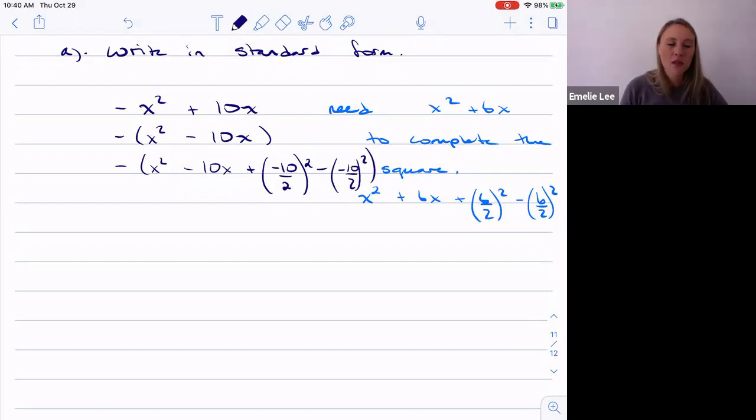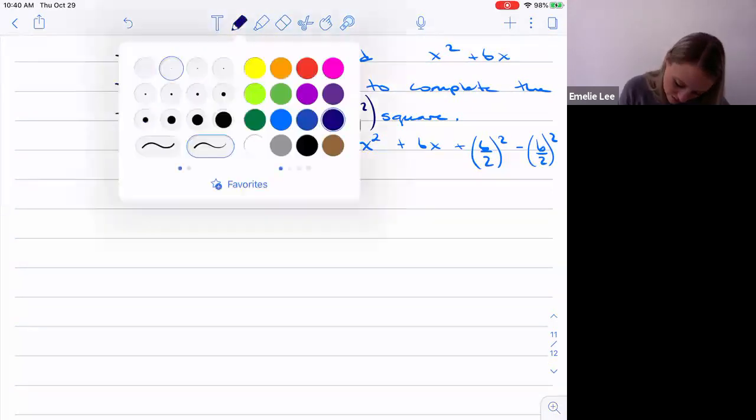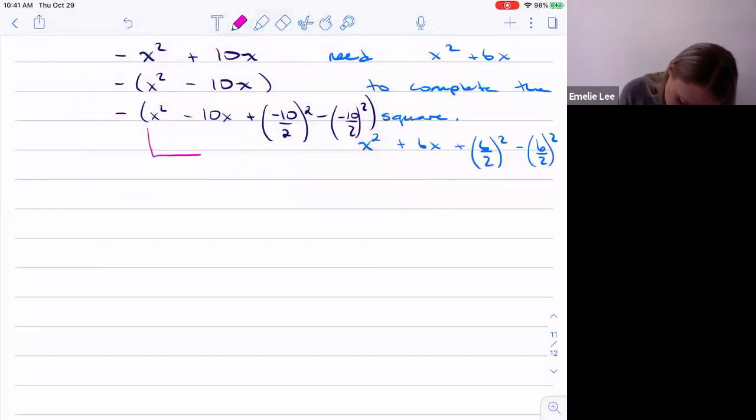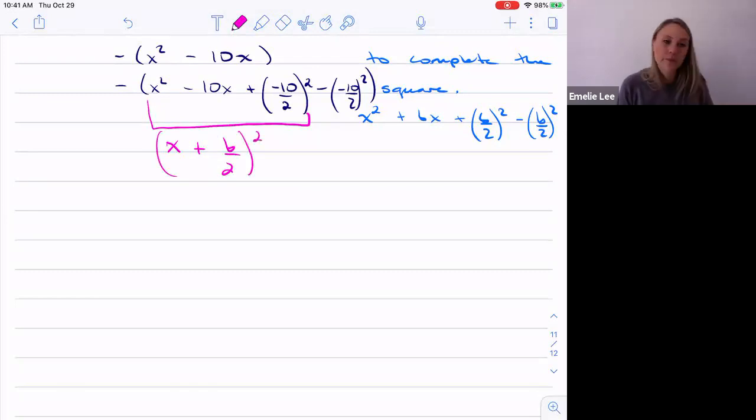Okay. All right. So now, I didn't really give myself enough room here, but that's okay. I can rewrite this as a perfect square. So here, this becomes x plus b over 2, oops, squared.